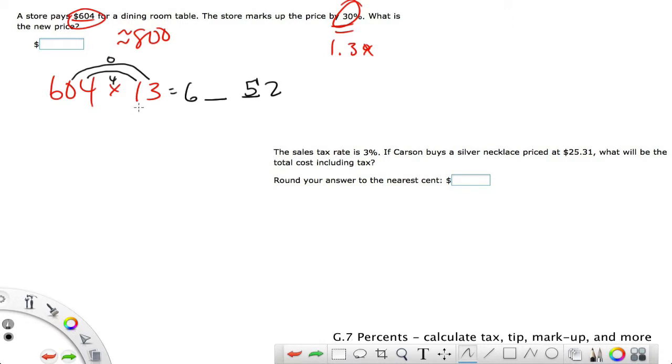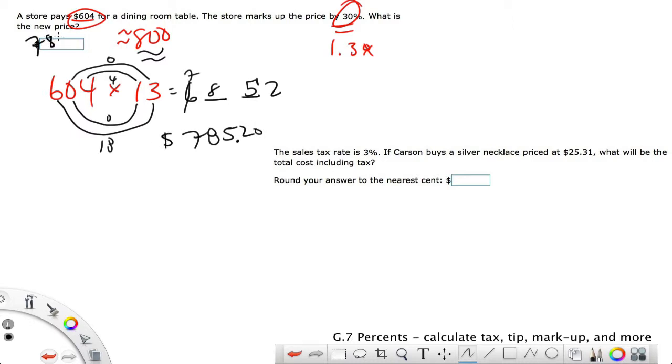Now we do the bottom rainbow. 1 times 6, 1 times 0, which is 0, and then 18. So this is 8, and this becomes a 7. So 7, 8, 5, 2. And again, I knew this is around $800, so my decimal point will be right here. $785.20.